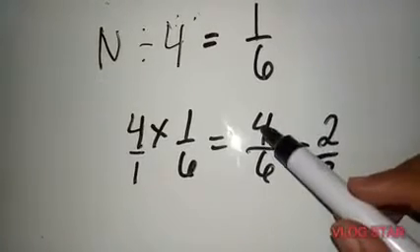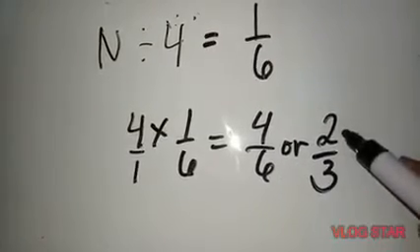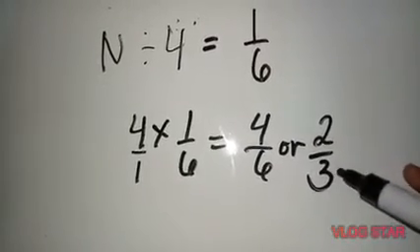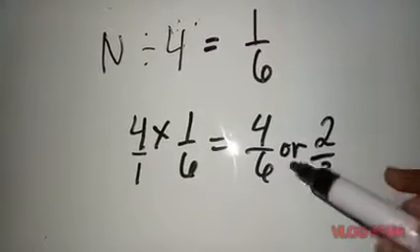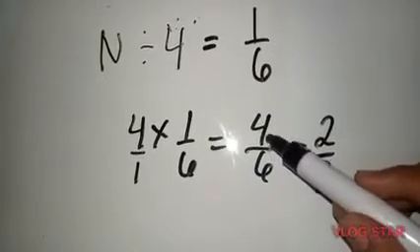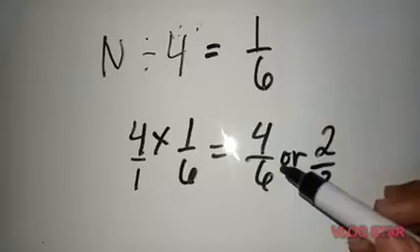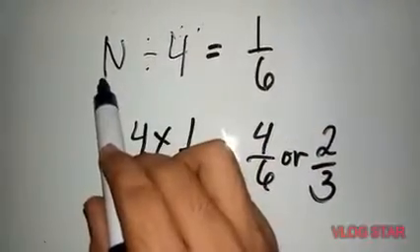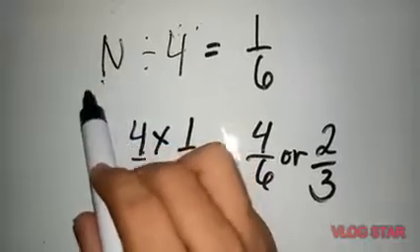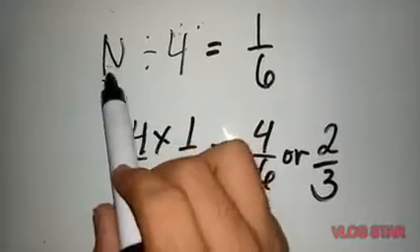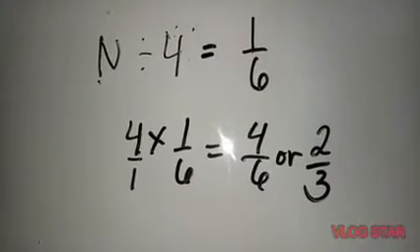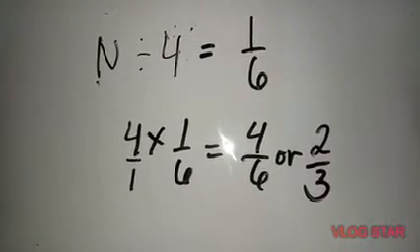By dividing 4 by 2, the answer is 2. 6 divided by 2, the answer is 3. We're done on how to simplify fractions, so I will not discuss it anymore. So n is equal to 2/3. Now you can see the relationship of the dividend, divisor, and the quotient based on our examples.